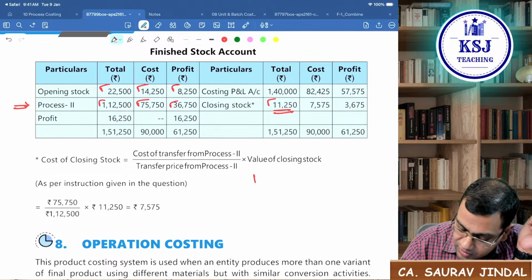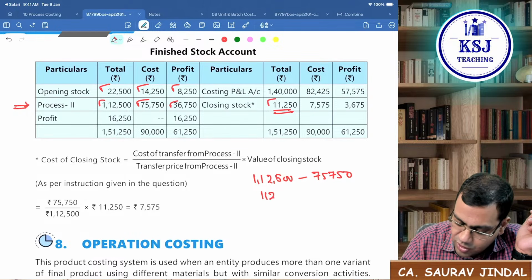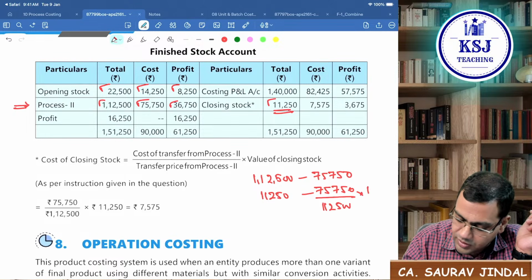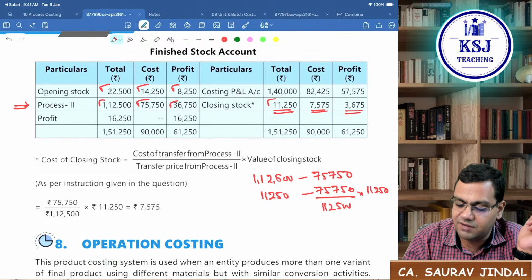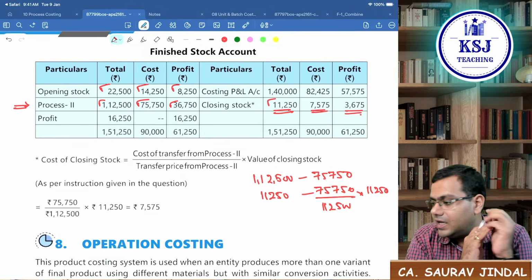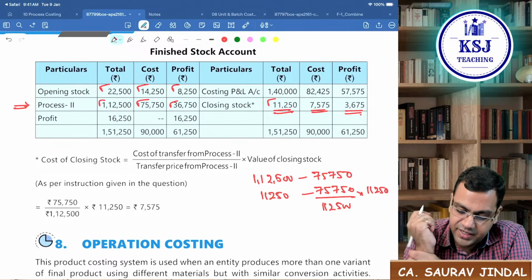That is, if the total value is 1,12,500, the cost is 75,750. So for 11,250, what will be the cost? 75,750 divided by 1,12,500 into 11,250. So it will come to 7,575. The remaining will be your profit element.